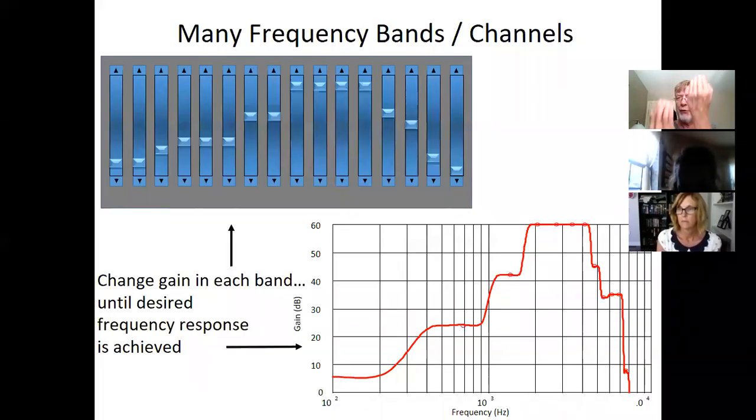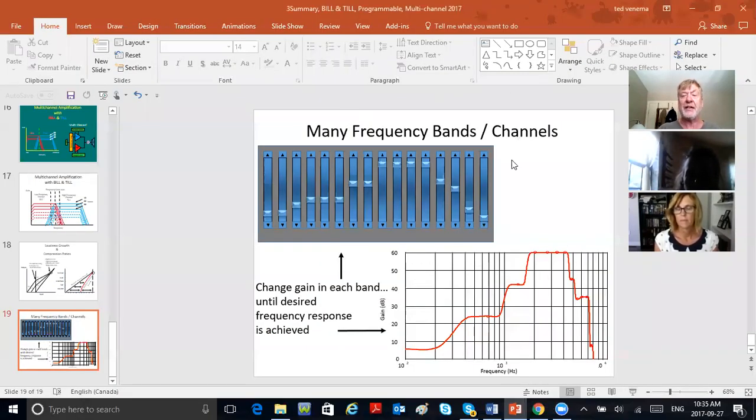Now you've got 10 fingers instead of 2, so you've got lots more fine control. It almost looks like an equalizer. And that's essentially what hearing aids are, like equalizers in cars, or the soundboard in the back of a bar when a band's playing, where the guy has an equalizer. Hearing aids are getting quite complicated that way, quite unique.